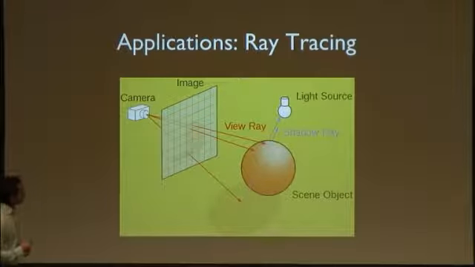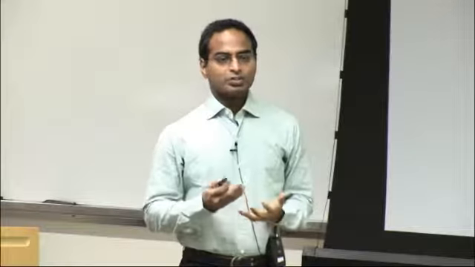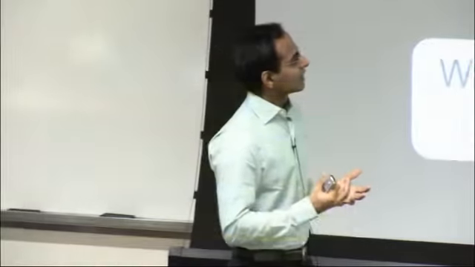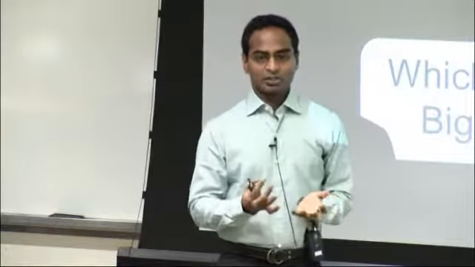It's a very simple concept, and one important operational question here is to decide which points to shoot rays from. For instance, we can't shoot the rays from all the points on the screen because that would be too computationally intensive, and the choice of the points makes a big difference in the quality of the rendered image.